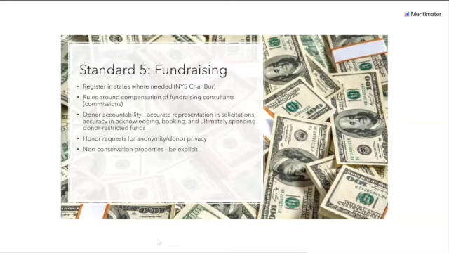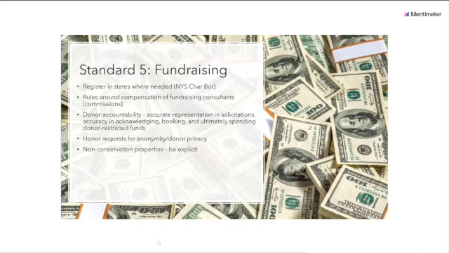When those solicitations are made for a specific purpose, it's ethically required and statutorily required that we use the money that we've collected on that purpose. And we should be accurate in acknowledging these gifts, especially ones that are made for a specific purpose, otherwise known as donor restricted funds. We'll do a little bit more talking about that during financial management next week.